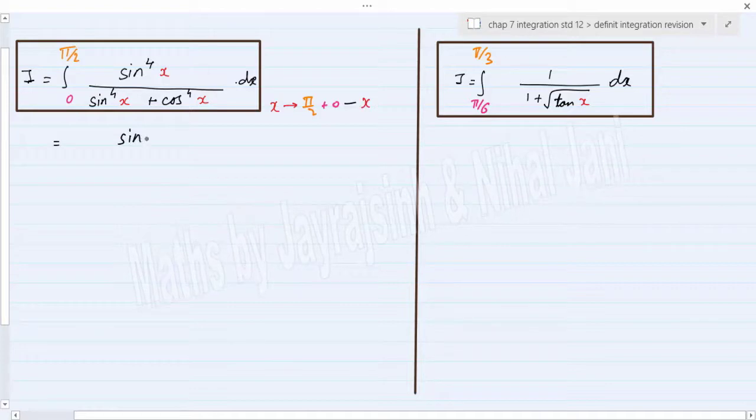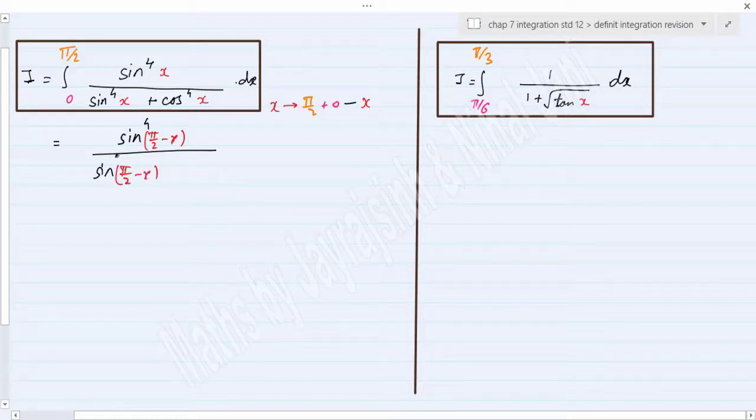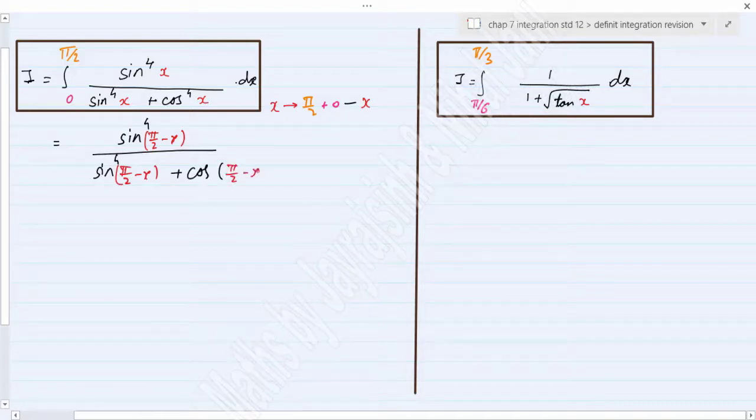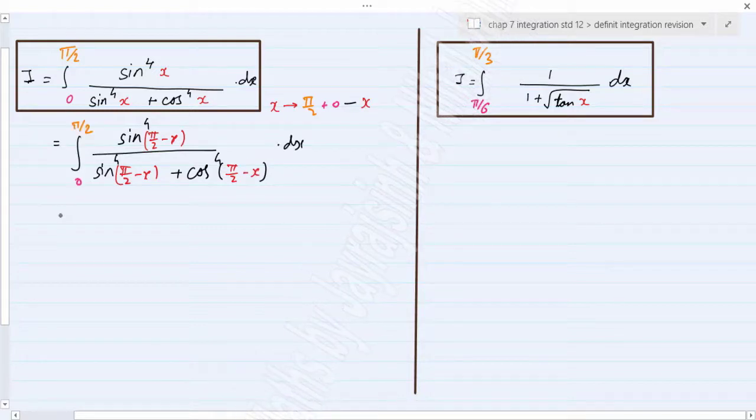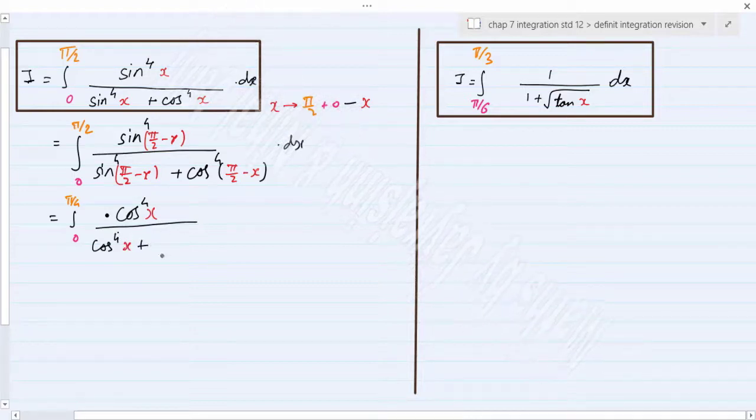So this sin x will become sin (pi by 2 minus x) whole raised to 4, upon, again, sin (pi by 2 minus x) whole raised to 4 plus cos (pi by 2 minus x) whole raised to 4. Now sin (pi by 2 minus x) is nothing but cos x raised to 4 upon, again, cos raised to 4 x plus cos (pi by 2 minus x), which is sin x raised to 4, dx.